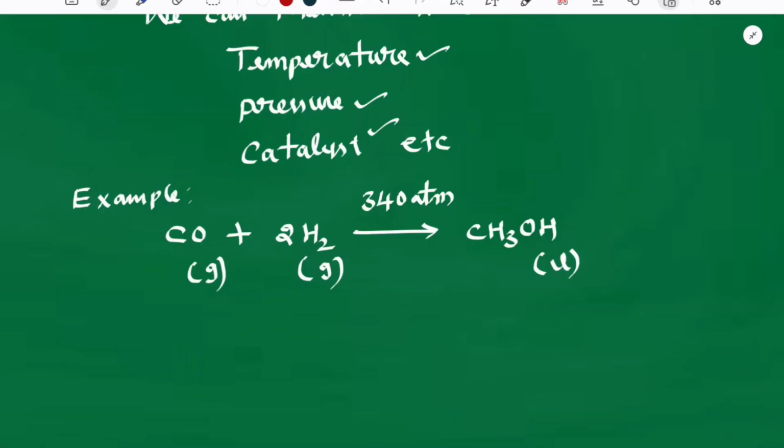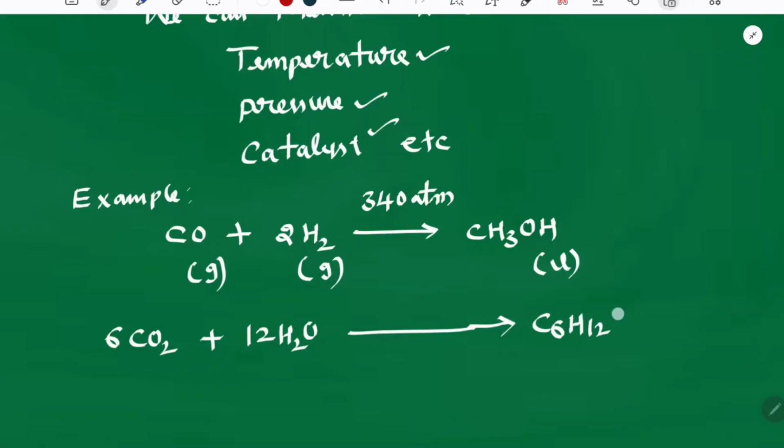At the same time, one more example. 6CO2 plus 12H2O gives C6H12O6 plus 6O2 plus 6H2O. This is a controversial equation, and some biology students see it differently, so here also just remember.